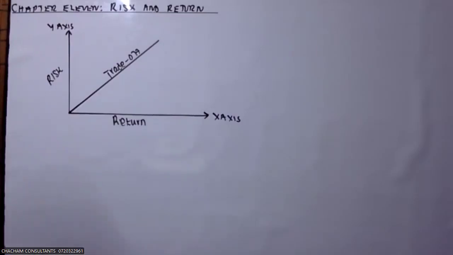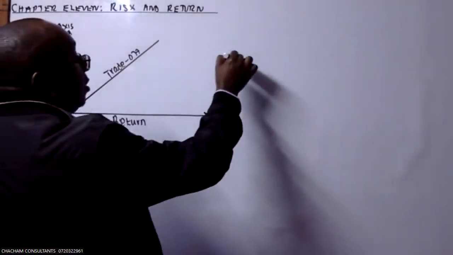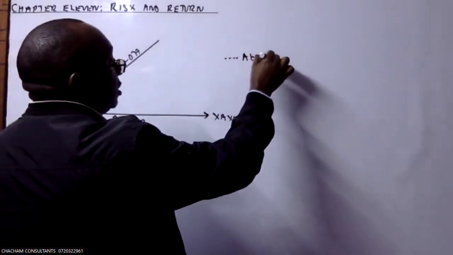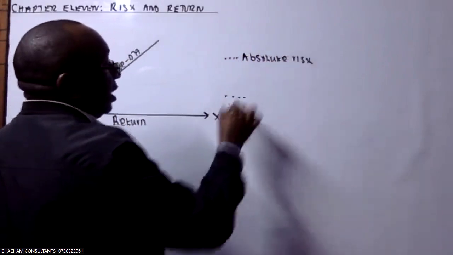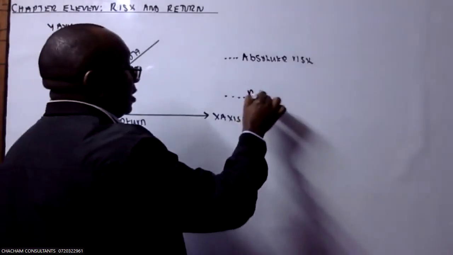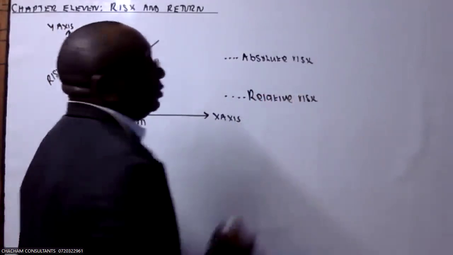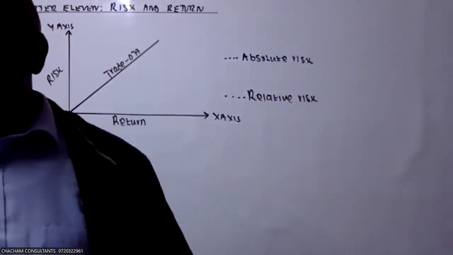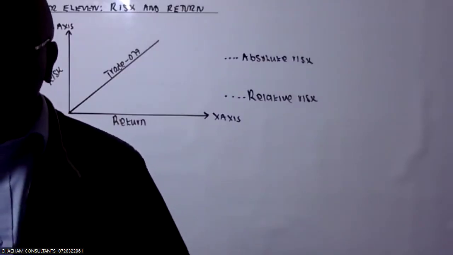Actually, if you can go back to where we had written the standard deviation, you can add there, for standard deviation, add absolute risk, and where we had written coefficient of variation, you write relative risk. So when you see absolute risk, it is the standard deviation. When you see relative risk, it is coefficient of variation.